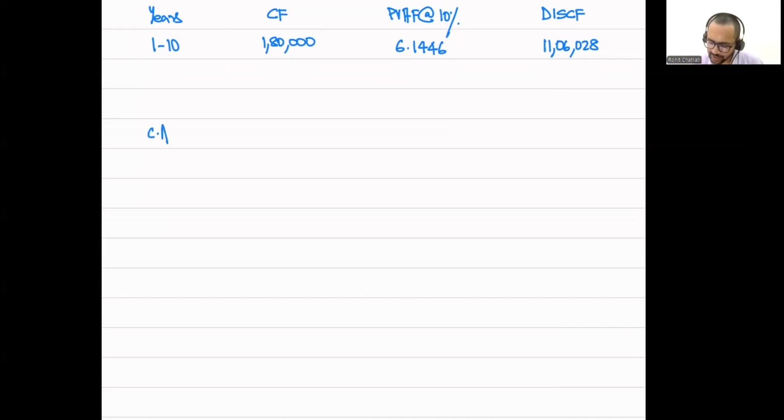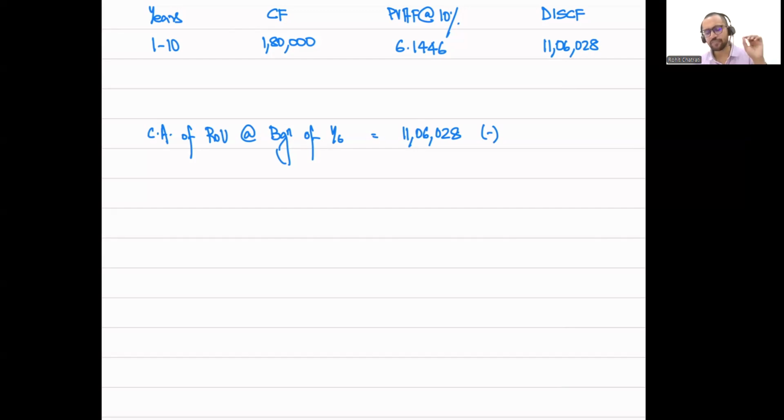Now we will calculate the carrying amount of ROU asset at beginning of year 6. Beginning of year 6, remember, is end of year 5. That will be calculated as 11,06,028. This is the amount at which I recognize the ROU asset. I then reduce depreciation for a period of 5 years. If 5 years have elapsed, and therefore I'm calculating the carrying amount at the beginning of year 6.